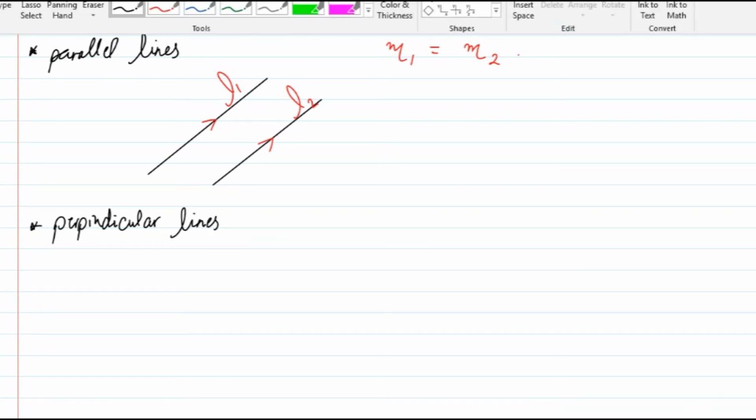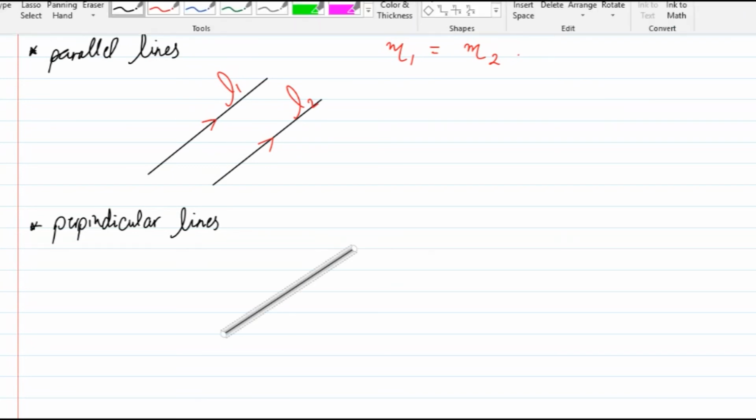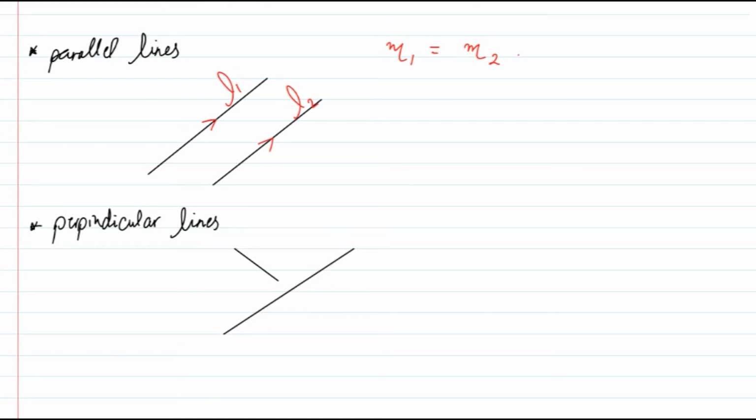If we have perpendicular lines, this is my first line and this is my second line, and these two lines are perpendicular, which means they make 90 degrees to each other. This is line 2 and this is line 1.